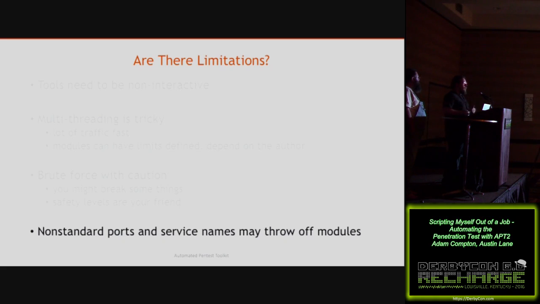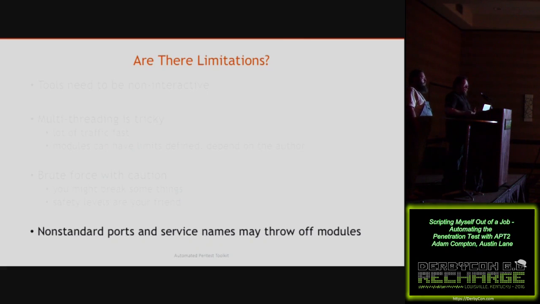APT won't know that port 2000 on a host is FTP. If Nmap didn't mark that as FTP, it won't know to do anything with it, because it's not a standard port and the service name returned for it wasn't FTP.